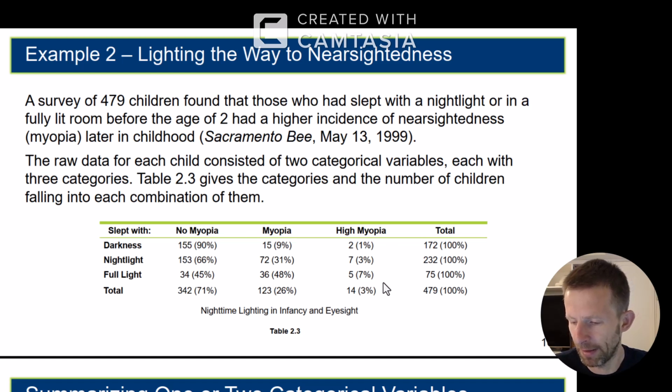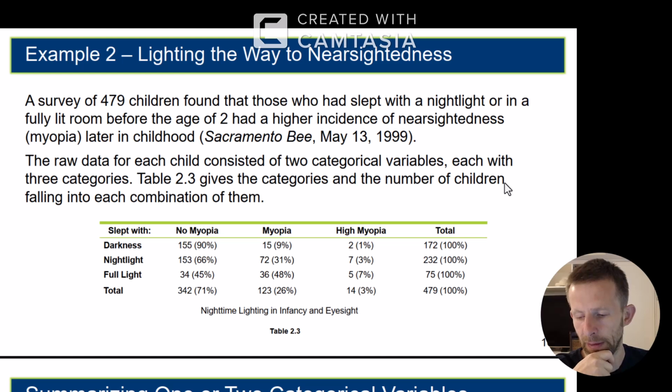So the raw data is here. We've got myopia, no myopia, and high myopia, which is nearsightedness. And we're looking at the relationship between sleeping in darkness, sleeping with a nightlight, and sleeping with full light. We talked about having explanatory and response variables.